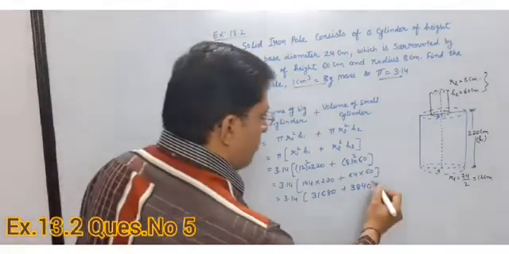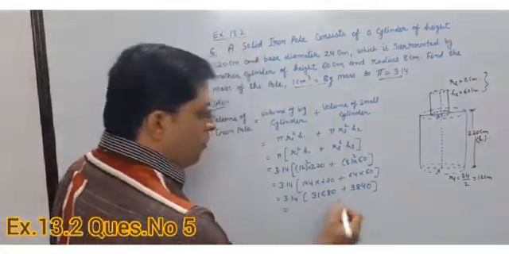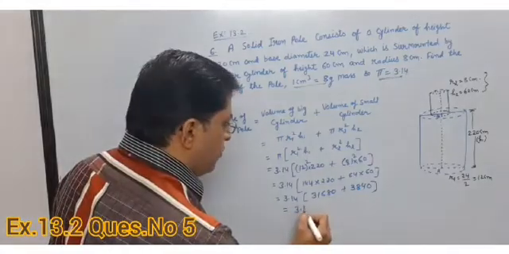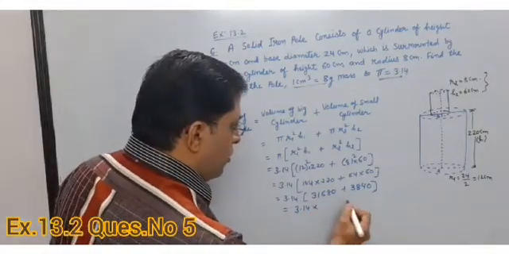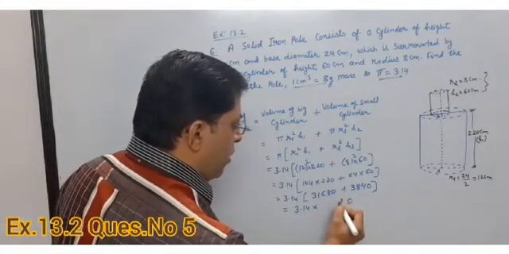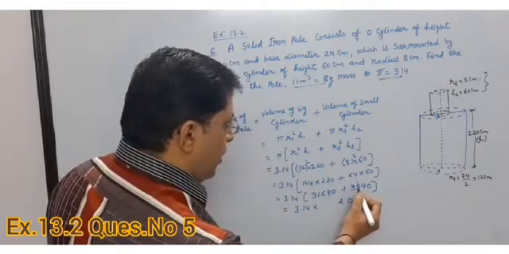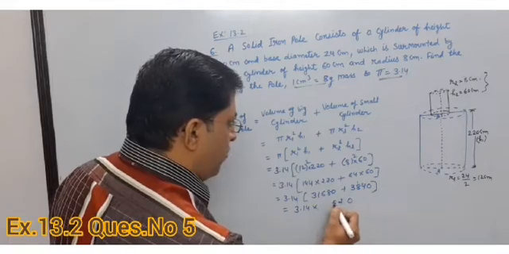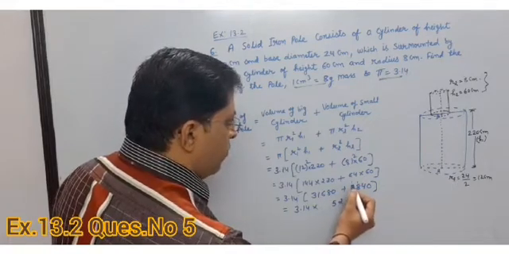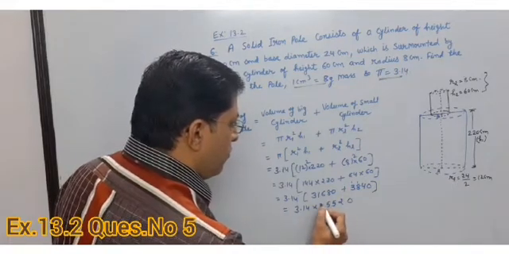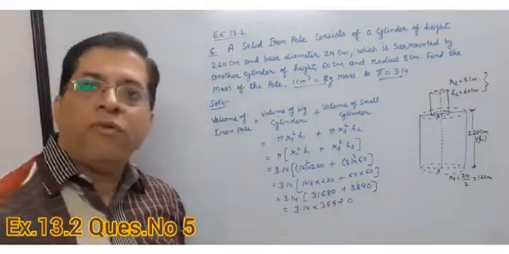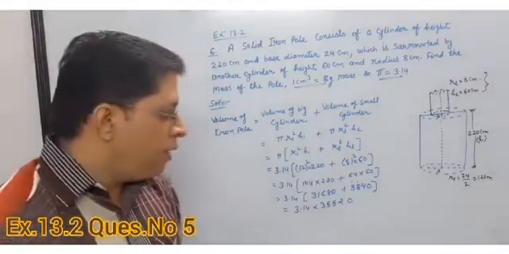Okay, if you add this, then what will come? 35520.